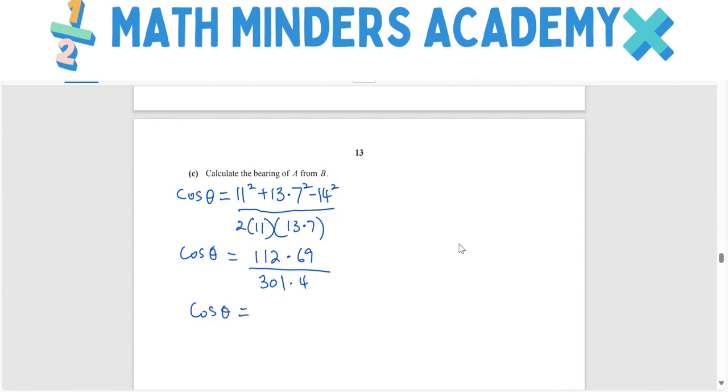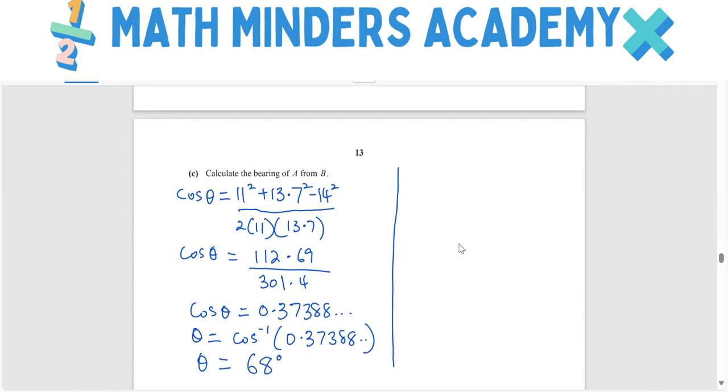Cos theta is going to give 0.37388 and so on. So theta will be the arc cos of this. So theta is going to be around 68 degrees.